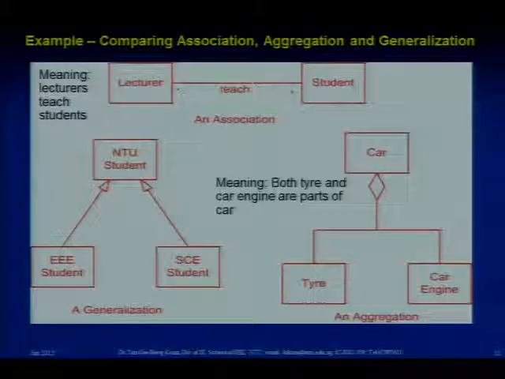So similarly, aggregation also has two alternative notations. We can draw lines with a diamond attached to the assembly class individually. In these aggregations, a tire is part of a car, and a car engine is also part of a car. So we have two part classes in this aggregation.